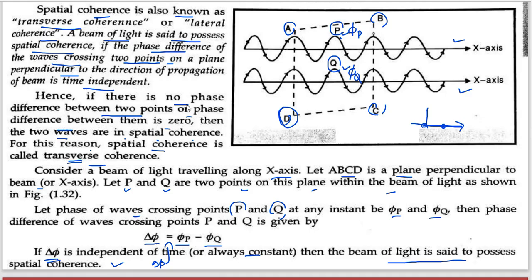But in spatial coherence, there is a plane perpendicular to the direction of propagation, and on that plane there are two points from the two waves traveling along the same direction. If the phase difference between the waves at those two points remains constant, that is called spatial coherence.